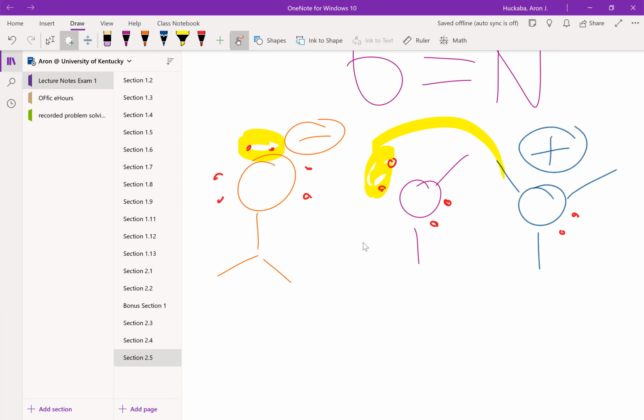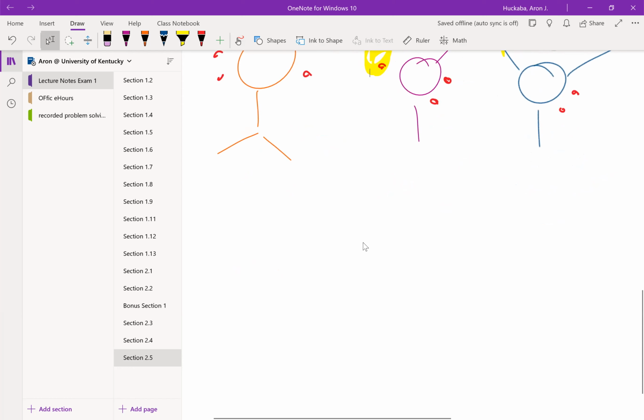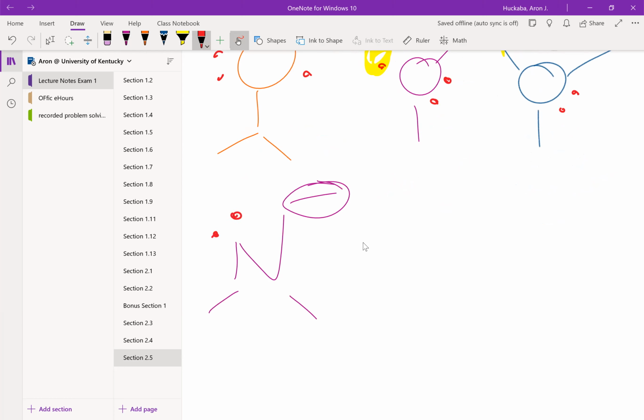So similarly, if we look at nitrogen, if nitrogen has 2 bonds and a negative charge, it has 5 valence electrons, so then it must have 2 pairs of non-bonding electrons.